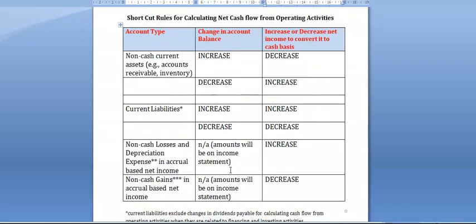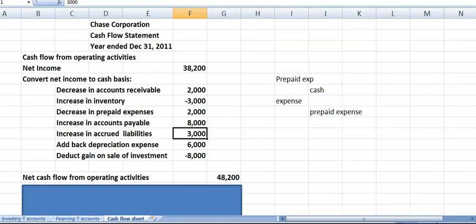And again, based on our shortcut rule, when we increase the balance in the liability account, we also have to increase our net income. Why is that? Again, because when we increase, say, an accrued liability, it could be salaries payable, it could be interest payable, whatever it is, right?